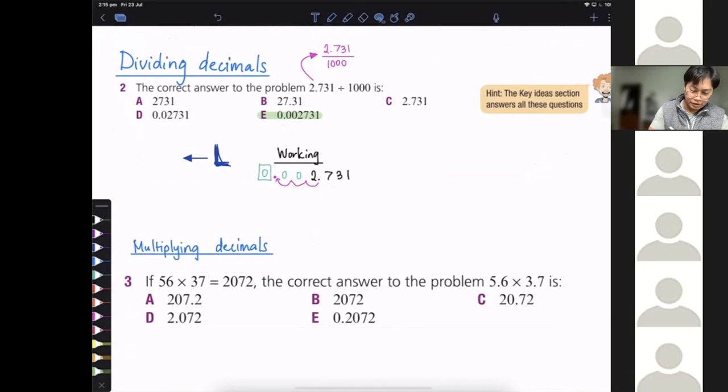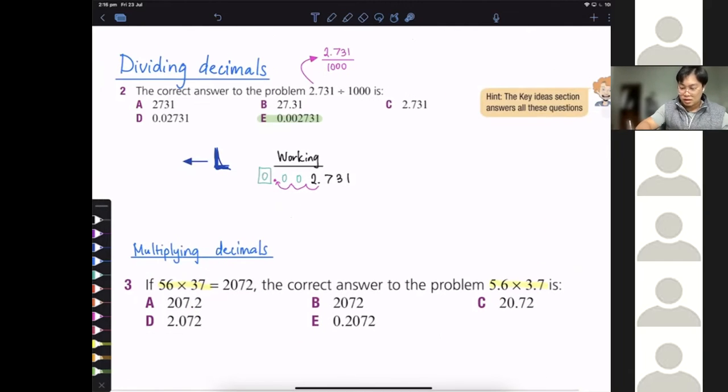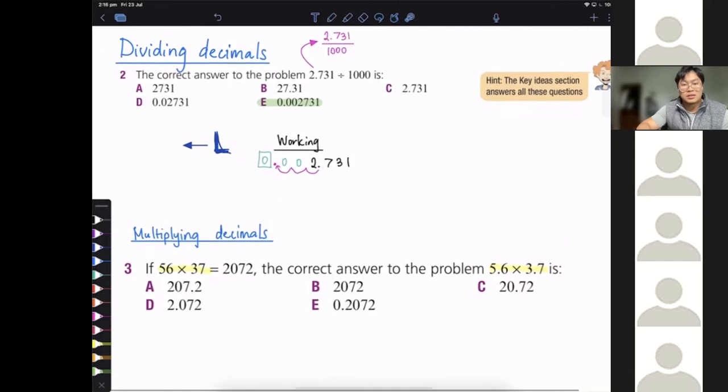Now, have a look at these two numbers here and these two numbers over here. The difference between them is that the 5.6 and the 3.7 in the second bit over on the right, they have decimal points.